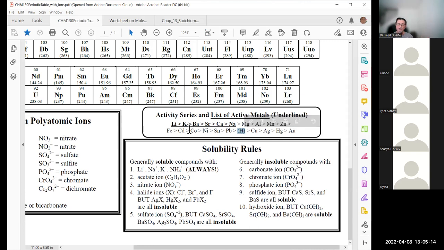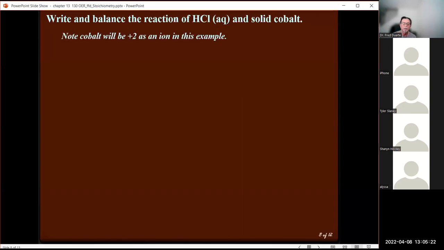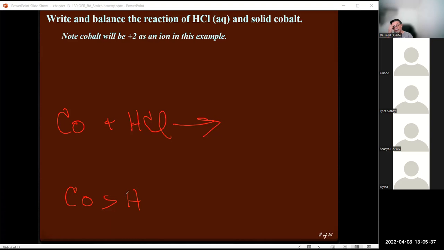So we can see here that cobalt is more reactive than hydrogen, okay? So we wrote down Co plus HCl. And then the next question you ask is, is the most reactive metal in elemental form?